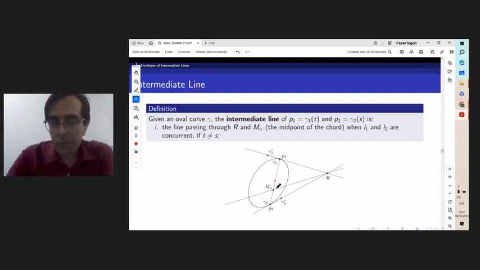The idea is very simple. We take this point, which we call the intermediate point, and we connect the intersection with these intermediate points. We connect these two together, and we study the envelope of this family. This is really a simple idea.